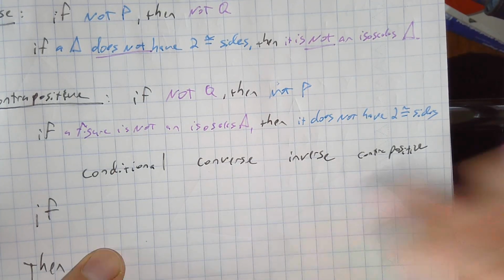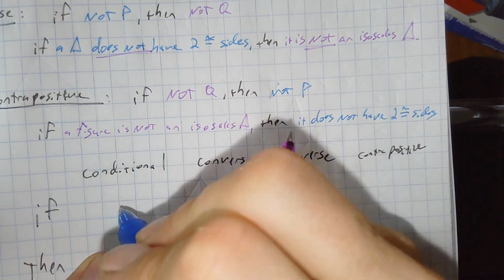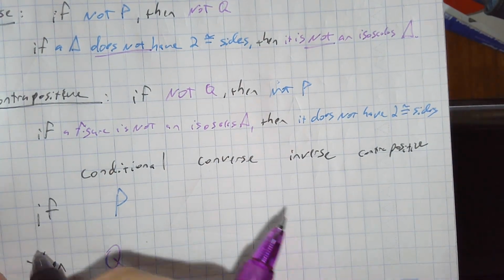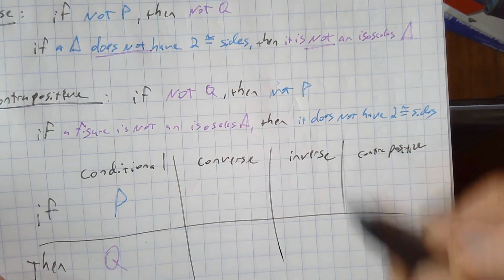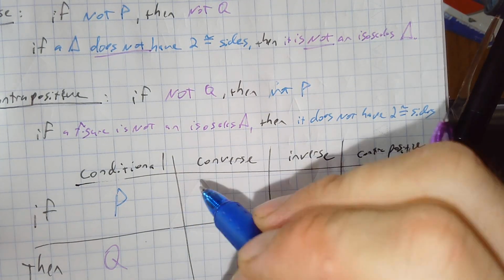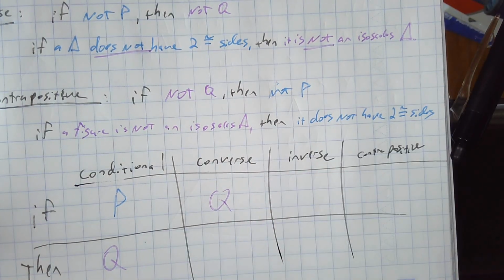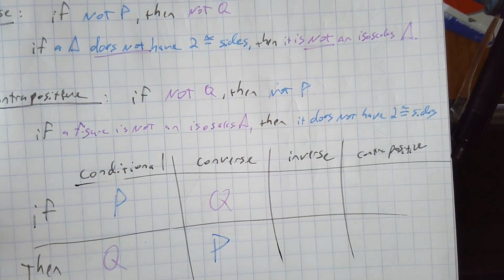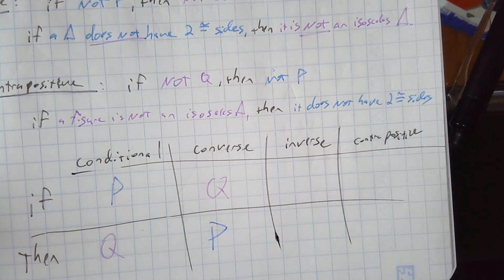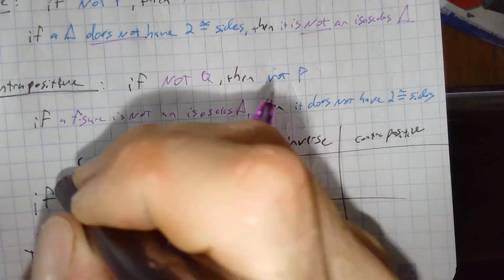So the conditional is if P, then Q. The converse is if Q, then P. Okay, they're just flopped, the if and the then statements.